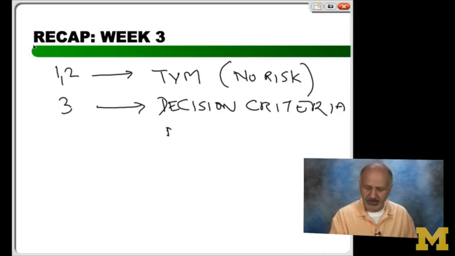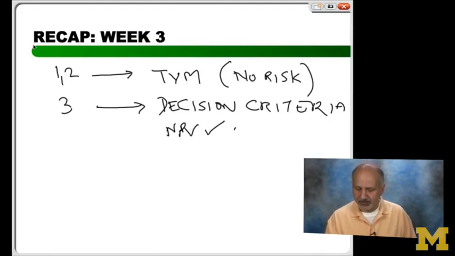The two criteria we spent a lot of time on first was NPV. And remember, NPV requires two things, cash flows and discount rate, or the interest rate. We spent a lot of time on that, for reasons that were hopefully obvious.